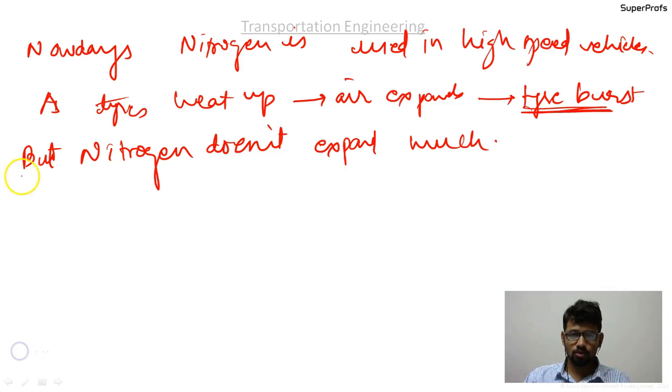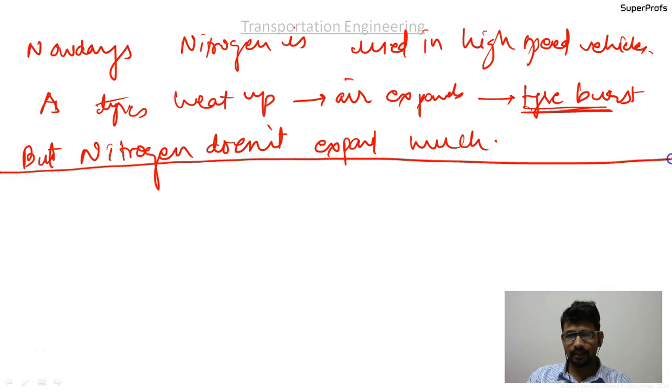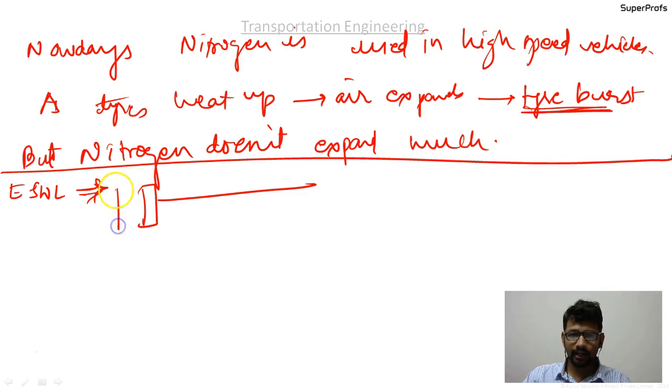So we will discuss the equivalent single wheel load, that is ESWL, for the axles having wheel arrangement like this, okay. That is for the tandem axles or the tridem axles. What happens is that there are two wheels attached on each side of the axle, okay. So this is the axle and there will be two wheels.